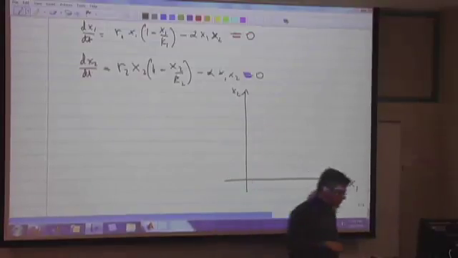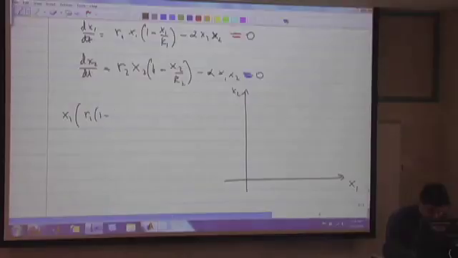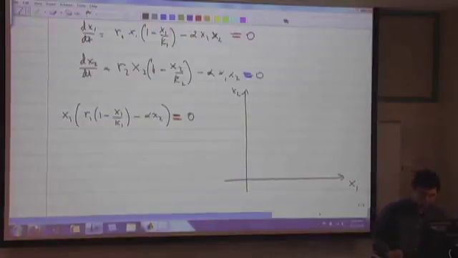We're going to use red to indicate that. How do you solve the first equation? Well, you see x1 is a common factor, so I can factor x1. I get r1 (1 minus x1 over k1) minus alpha x2 equals 0.